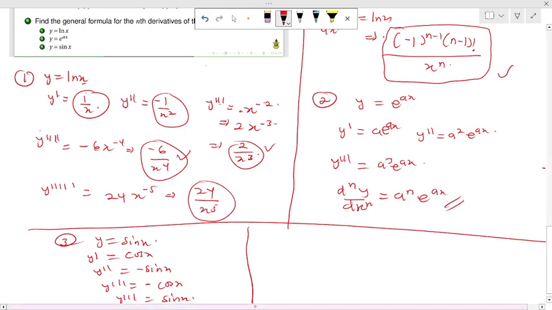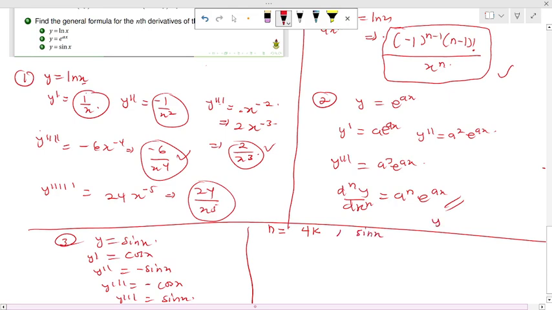So for that reason, for sine, we generalize it like if your n is let's say 4k. The reason is we are using a 4 cycle. After 4 times, you come back to sine x again. So we are saying that if your n is in the form 4k, which is a multiple of 4, then you are going to have sine x.